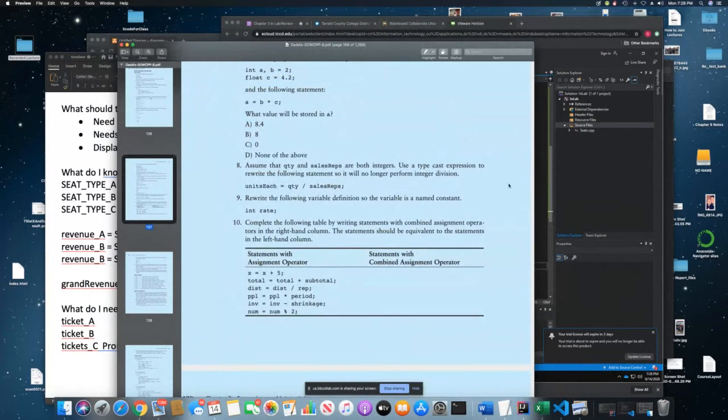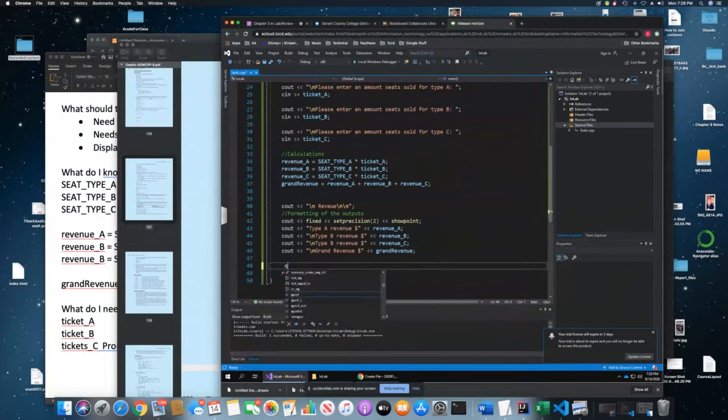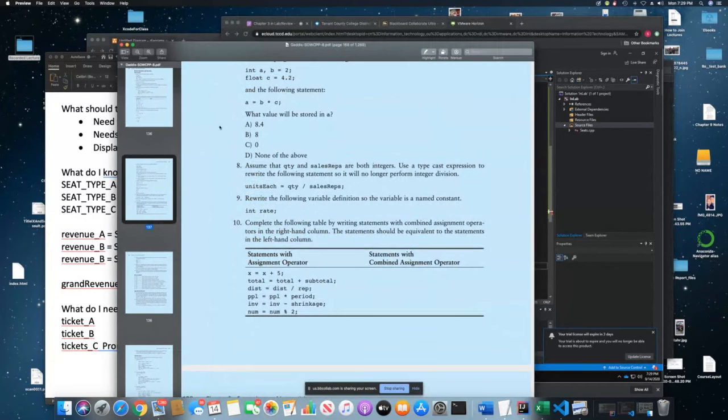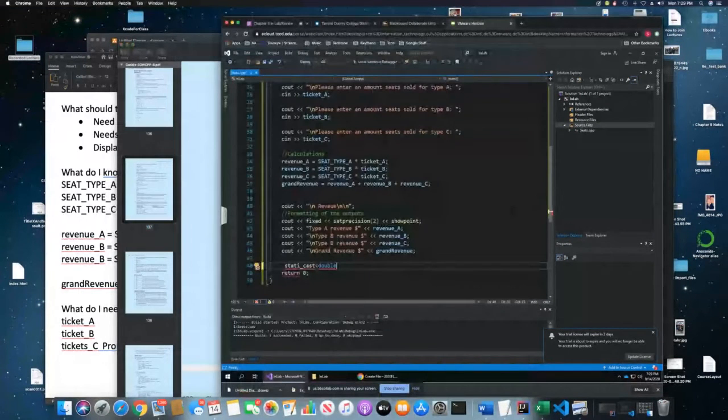It was quantity and sales reps. You can do static cast double, quantity, in parentheses, divided by sales reps.